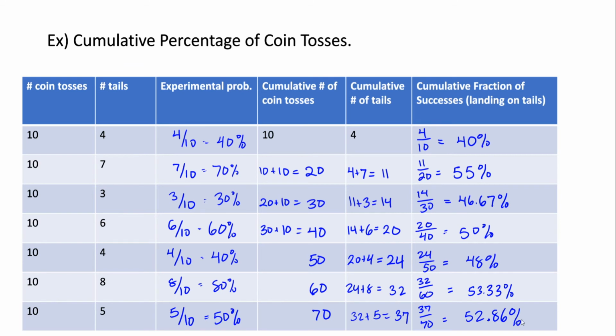And now if we look at our cumulative fraction of successes, we can kind of see something happening. As we increase the amount of coin flips, we end up getting a little bit above 50%, we fall below 50%, we hit 50%, we go below again, we go above, and then we get closer to it. So we kind of dance around what the true probability is, and we can visualize some of this in a graph.